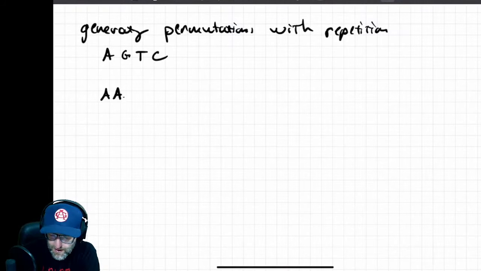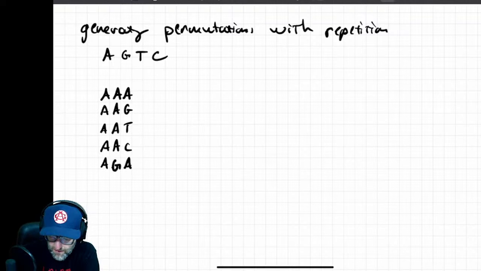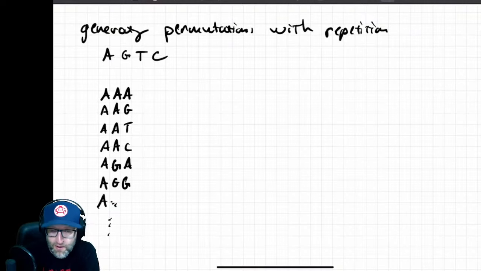Well, you could go with AAA. Trigram meaning that you take 3 of these amino acids or whatever they are, proteins, whatever, and you arrange them. AAA. You could also have AAG, AAT, AAC. You could have AGA. You could have AGG. You could have A, dot, dot, dot. I'm not going to write them all out.